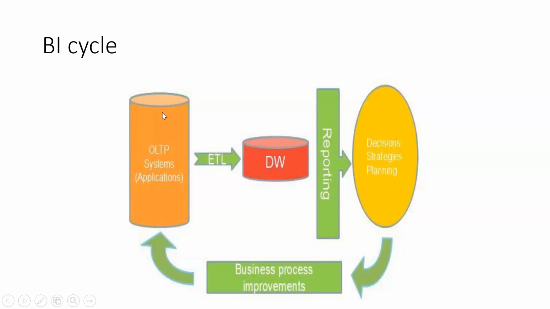They will load the data from the source system to the data warehouse by an ETL tool. ETLs are jobs. On a daily basis we receive the data and those data get refreshed in the data warehouse tables. So it's a dynamic thing.